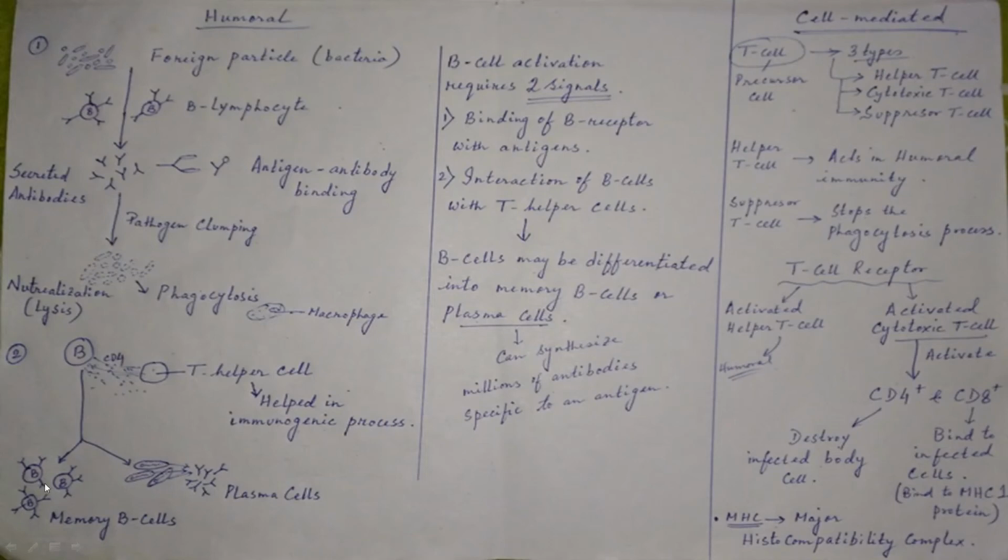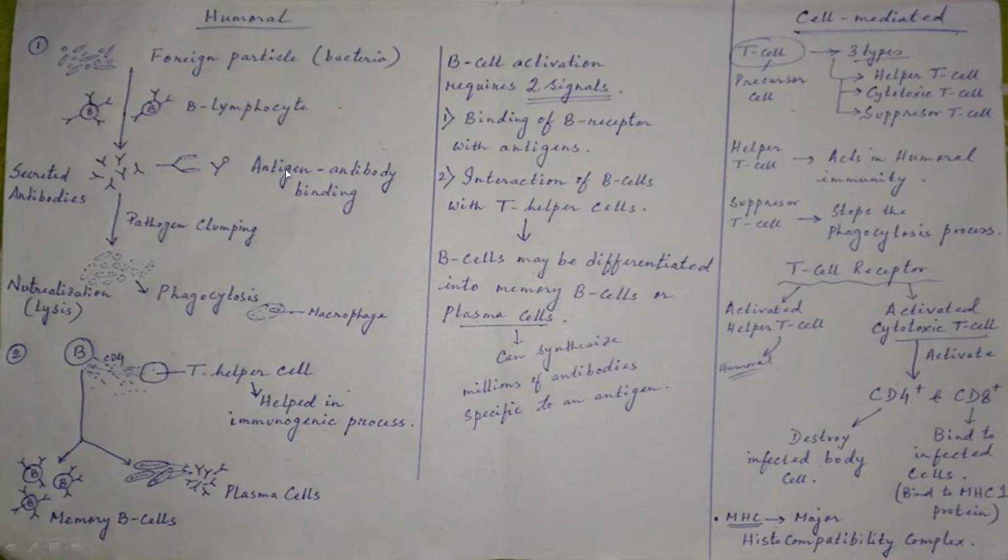Memory cells, as I said just now, can recognize and identify the pathogen. Now the antibodies specific to that antigen or pathogen are secreted by the plasma cells.